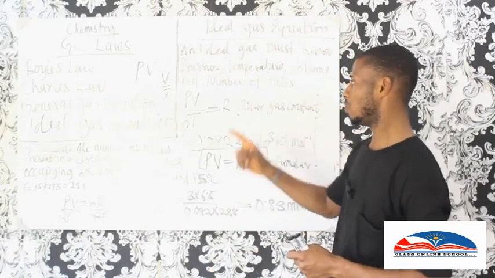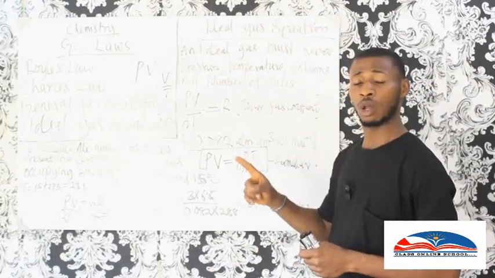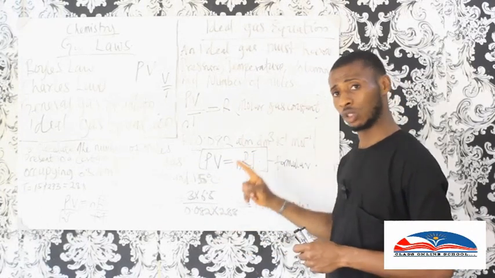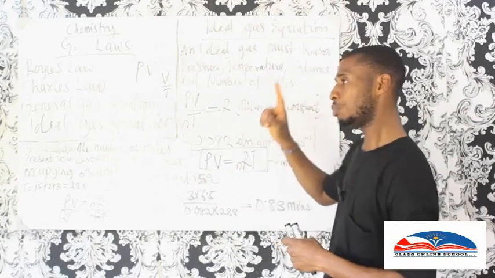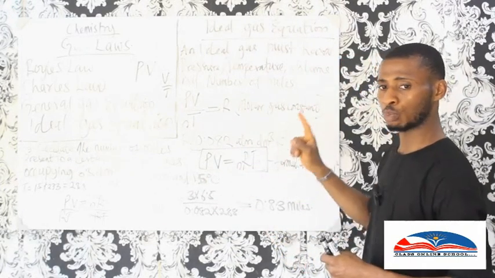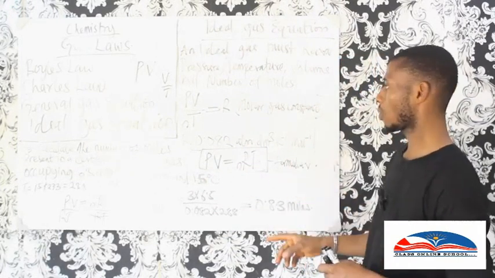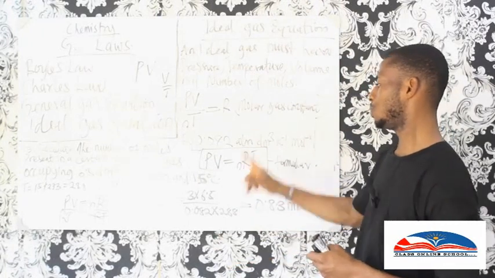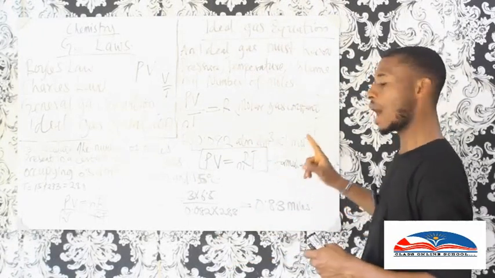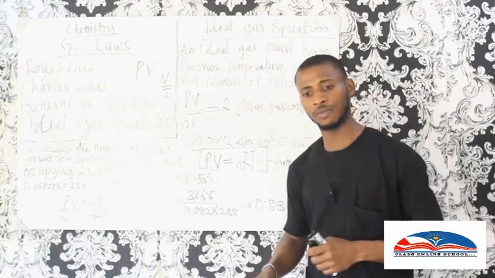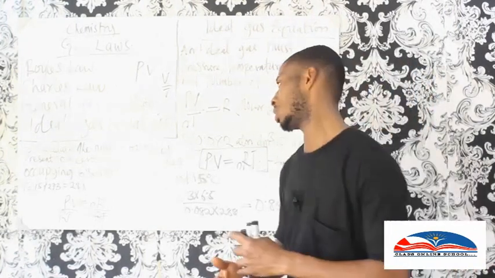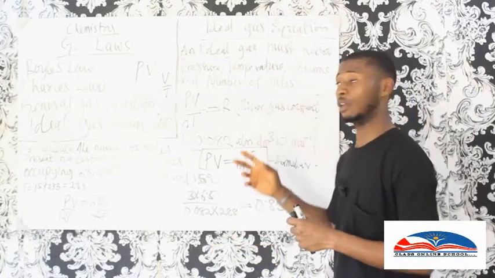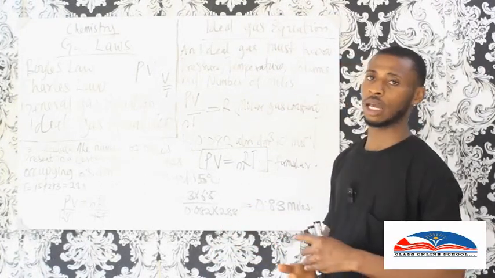Charles' law says V1 over T1 equals V2 over T2. The general gas equation says P1V1 over T1 equals P2V2 over T2. Ideal gas says PV equals nRT.